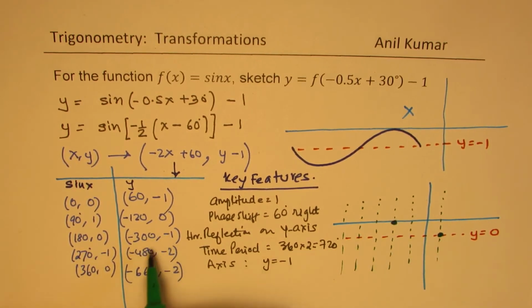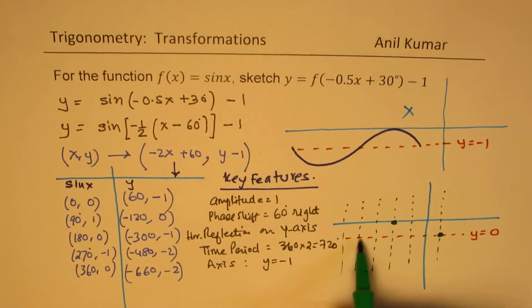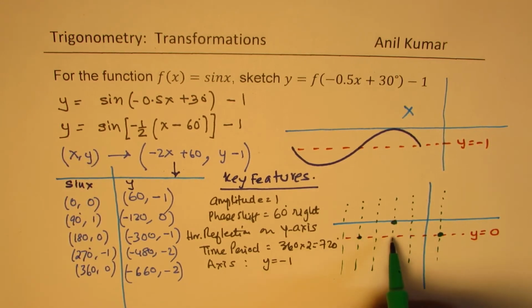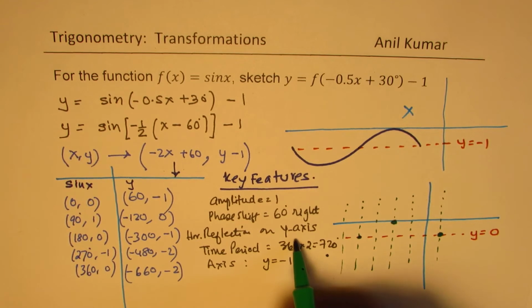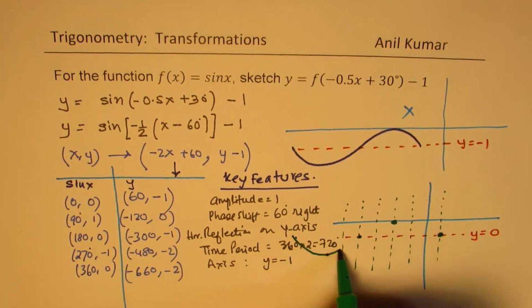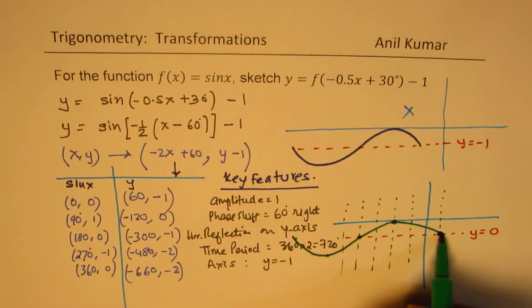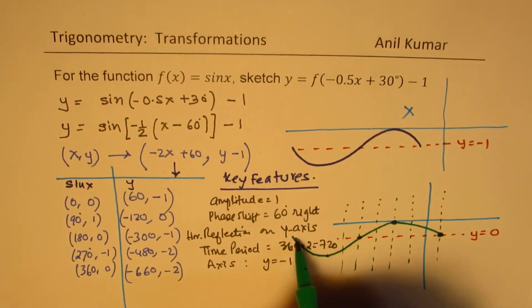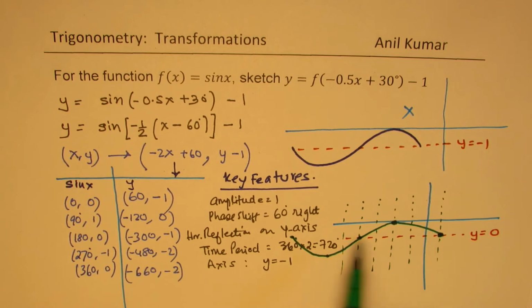And then it comes back to -1 kind of here, right? So it is 60 more kind of here, and then it goes to this place, and then it goes up, correct? So we have a stretched wave here. Does it make sense to you? So that is our wave. So I had to squeeze it in here.